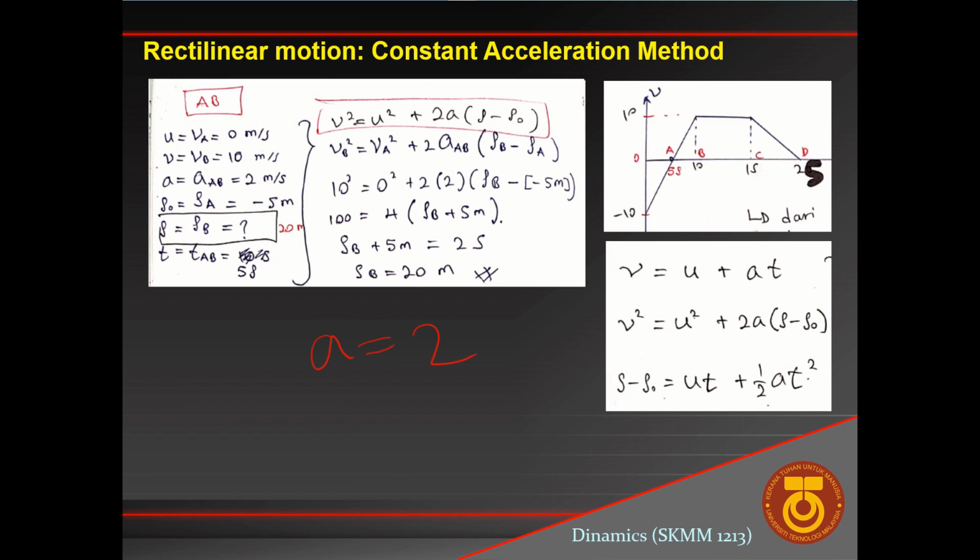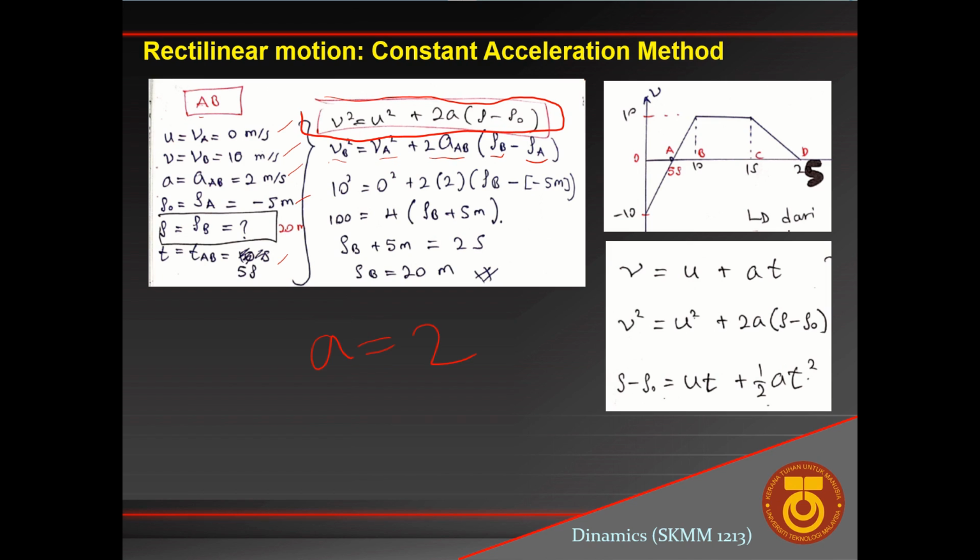We already calculated, so I've listed here all the information that I need. Then I use this equation, v squared equal to u squared plus 2a. So from A to B, v will be v_B, u will be v_A, plus 2a from A to B, times s, the final displacement, which is s_B, minus s_O, the initial.